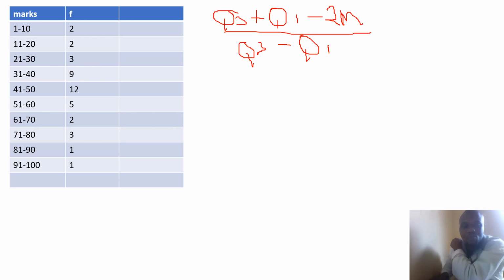And for us to be able to get that, the next thing that we need to calculate here is the cumulative frequency, which we have already found in our previous work.